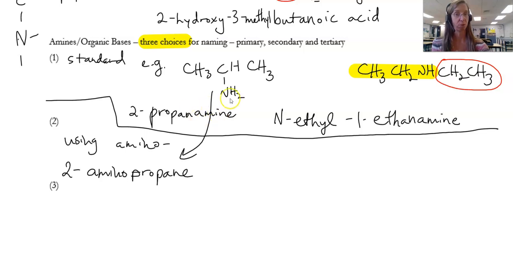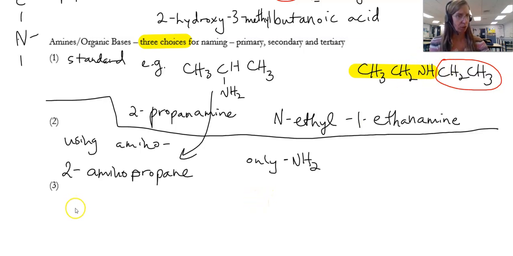So instead of putting the amine at the end, like the standard way, we can use the prefix amino. So that's only easier when we have NH2. It's just a nitrogen with 3 hydrogen groups. With this one here, it would be really strange and much more difficult to name using that method.